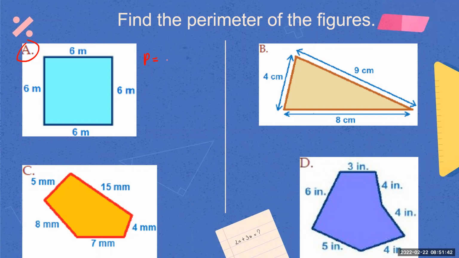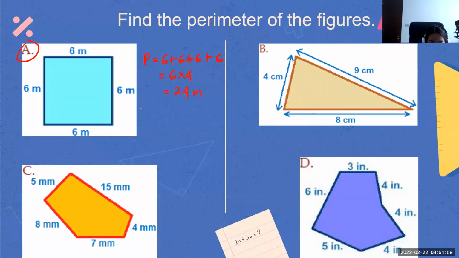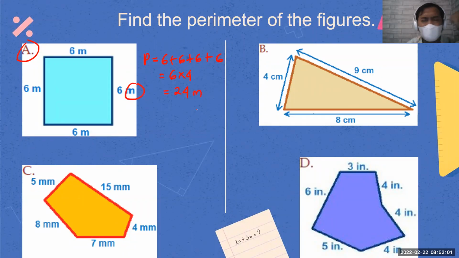Yeah, 24. How did you get 24? 6 times 4. Yeah, 6 times 4. Or we can write down 6 plus 6 plus 6 plus 6. Because we know this is the repetition of addition, you can write down 6 times 4, or 4 times 6. It's the same thing. It goes to 24. Yes. Don't forget to write down the unit.